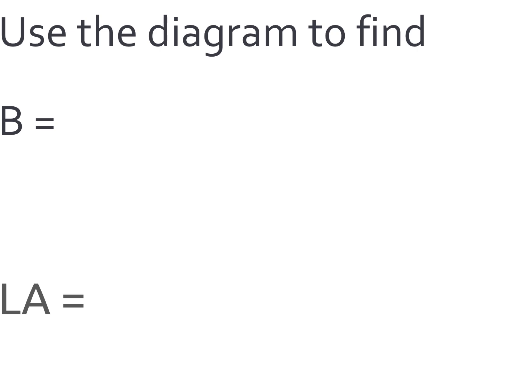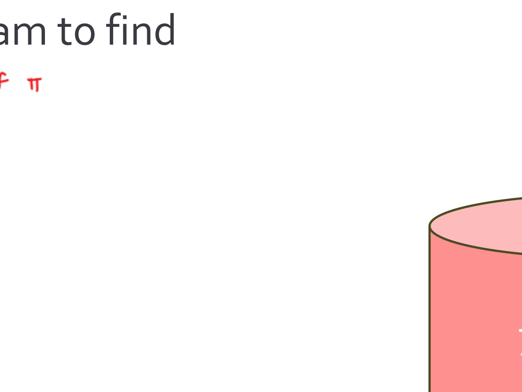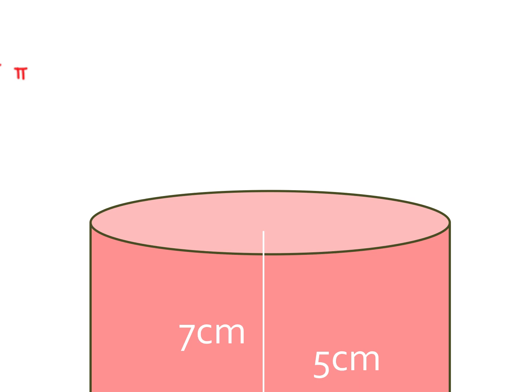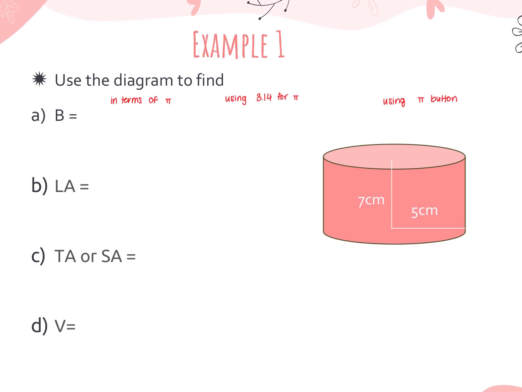I'm going to find it 3 different ways: in terms of pi, using 3.14 for pi, and then my last one is going to be using the pi button. So I'm going to go ahead and find all 4 of these in all 3 ways.